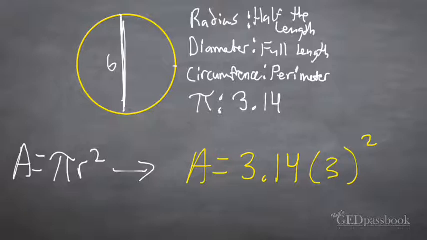That's what they love doing on tests and on the GED and all that. They love giving you a circle with the diameter being shown, knowing that through just rushing and everything, you're going to accidentally put 6 in here, when in reality that's wrong because the formula specifically says r, which stands for radius, which means, what is the radius of the following circle? It's half the diameter, which is 3.